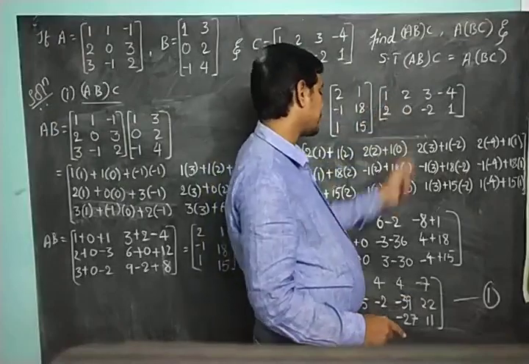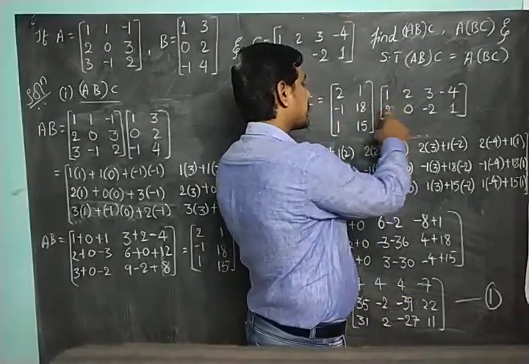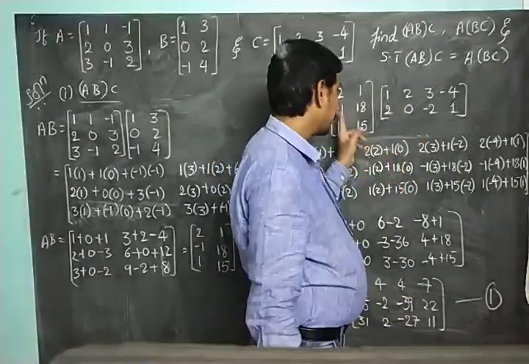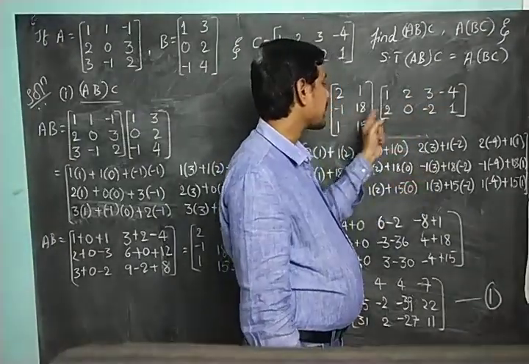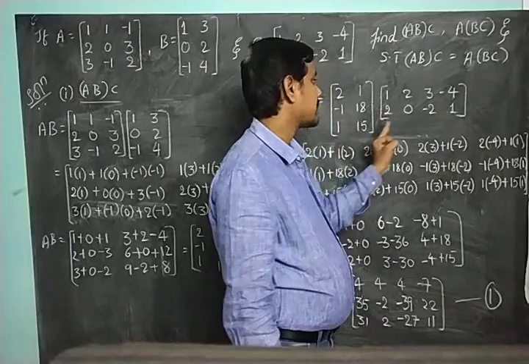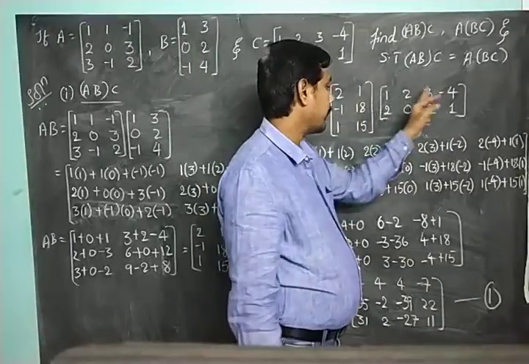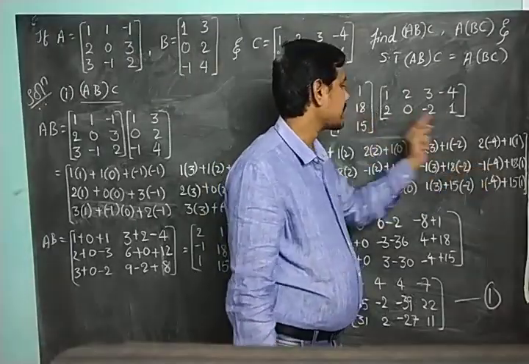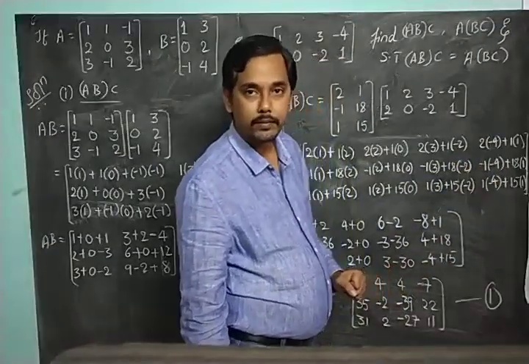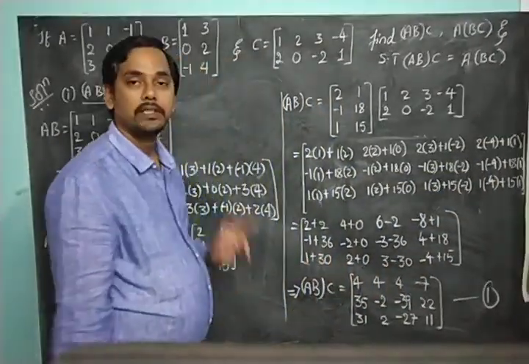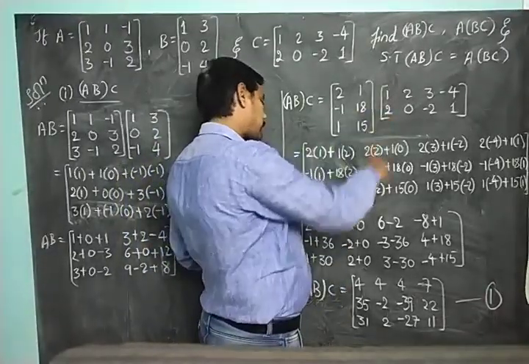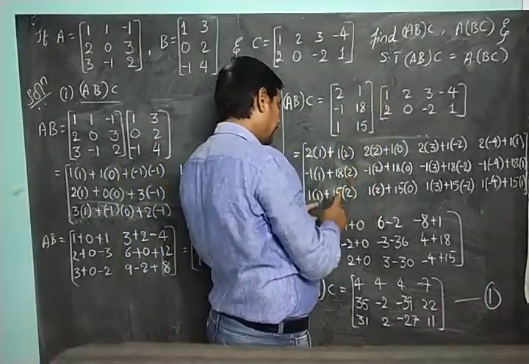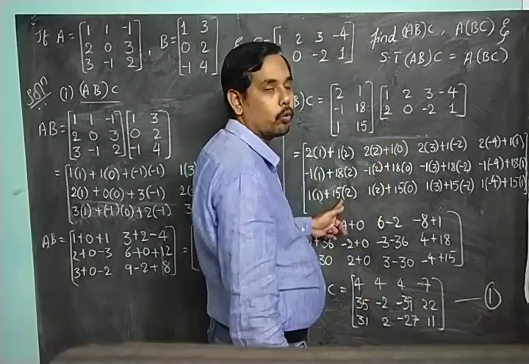Second row and second column: minus 1 into 2 plus 18 into 0. Second row and third column: minus 1 into 3 plus 18 into minus 2. Second row and fourth column: minus 1 into minus 4 plus 18 into 1. So this was the second row and all the columns. Now coming to the third row with the first column, we get 1 into 1 plus 15 into 2.